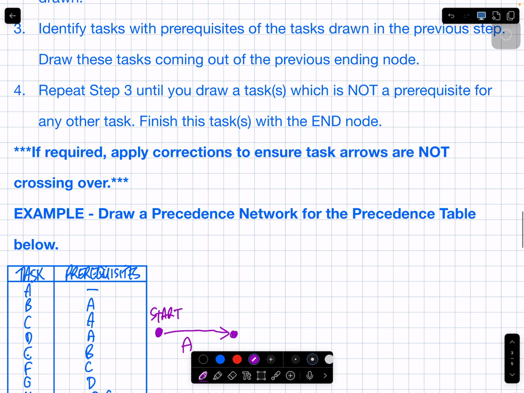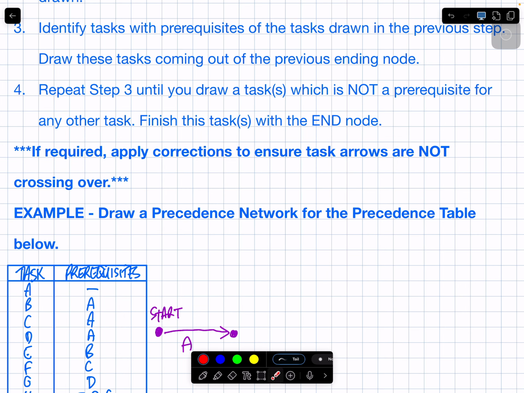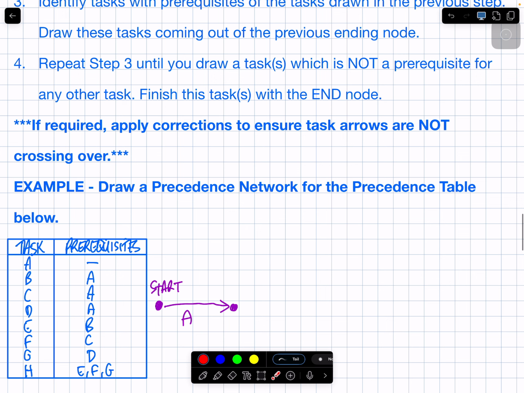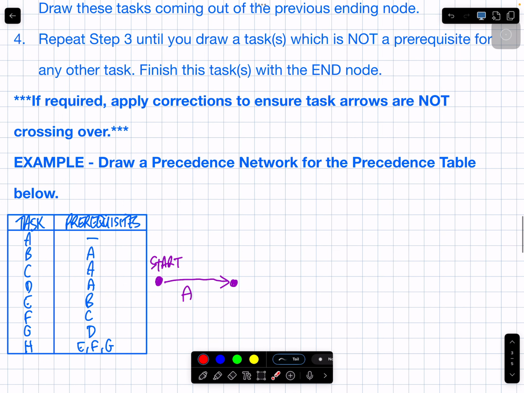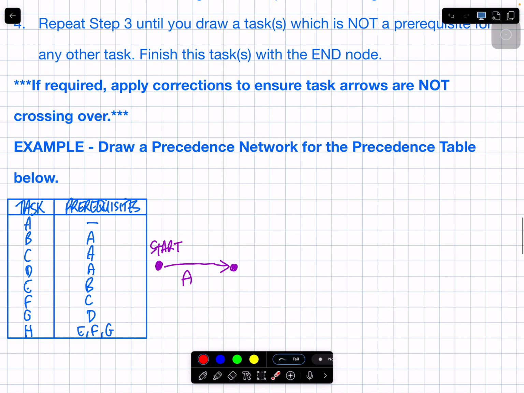Step 3, identify tasks with prerequisites of the tasks drawn in the previous step. What did I just draw? Yes? A. I just drew A. Draw the task coming out of that previous ending node. So which of these tasks here has the prerequisite that I just drew? B, C, and D. So where am I going to draw them coming out of?